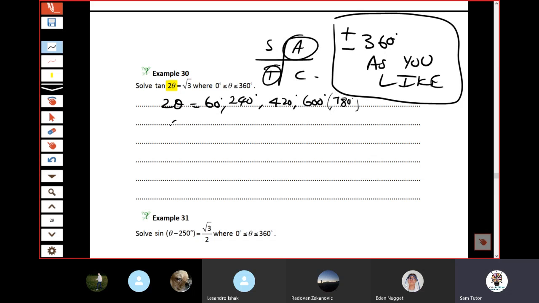All right, now divide. So that becomes 30, 120, 210, 300. And what's the answer to this one divided by 2? 390. Yeah, and that's outside of our domain, so too big. Even though, do this for me. Do tan 780, because that's 2 theta.